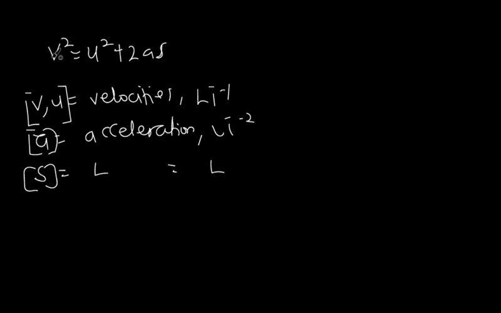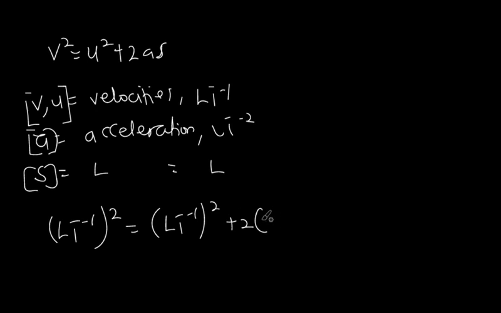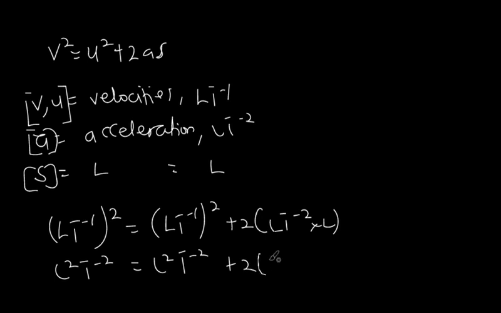Okay, to prove that yes, this equation is actually valid. So we have the v, which is over here, so we have LT minus 1 squared is equal to another LT minus 1 squared plus 2 into bracket what? We have LT minus 2 times L. Okay, so we have over here L squared T negative squared is equal to L squared T negative squared plus the L times L over here will give us what? 2 into bracket L squared T negative squared.